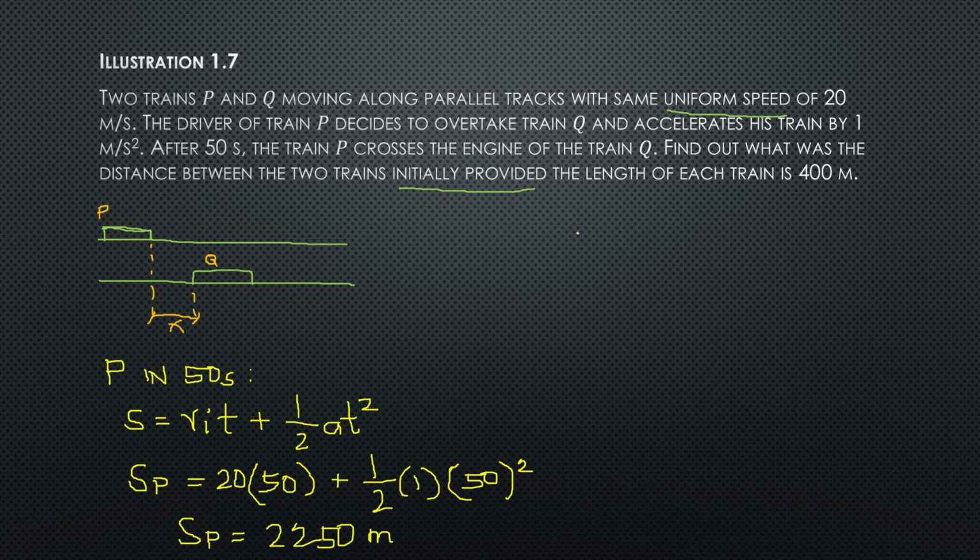Now for train Q, the distance traveled by train Q in 50 seconds.